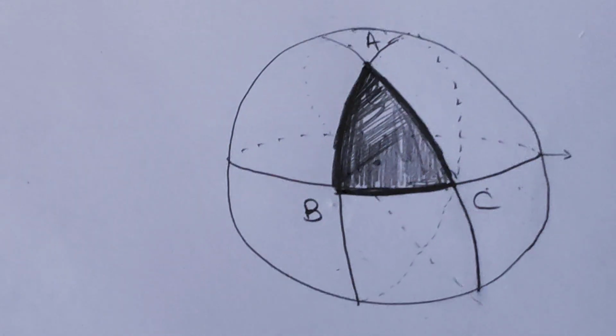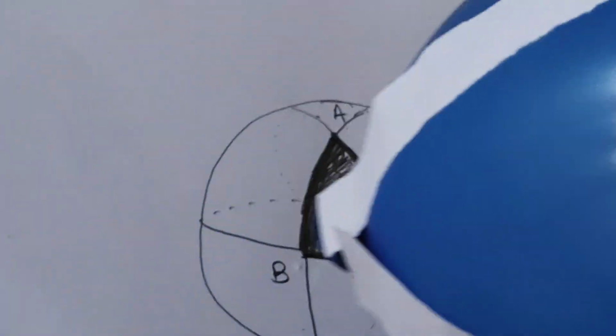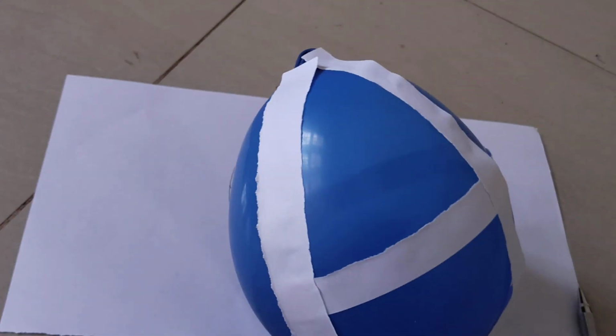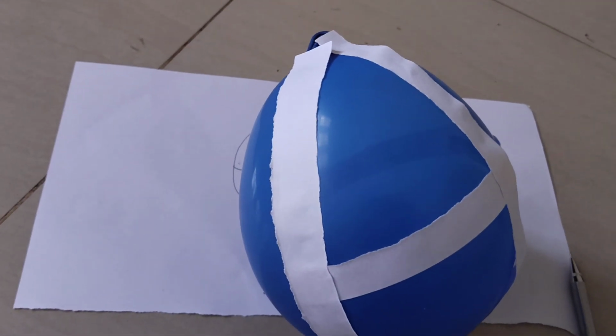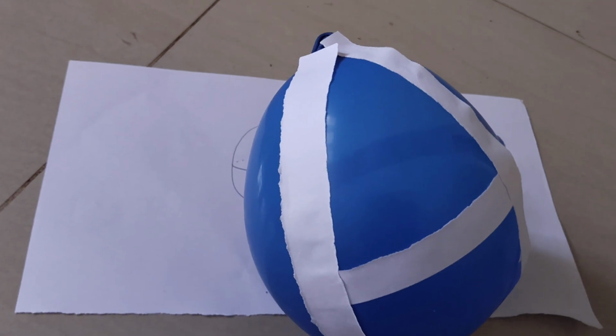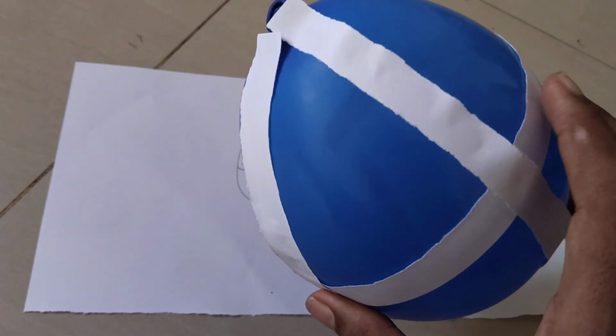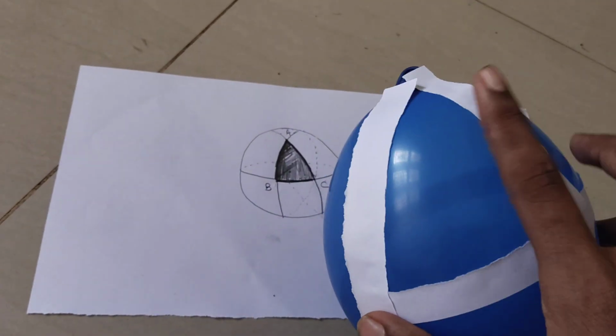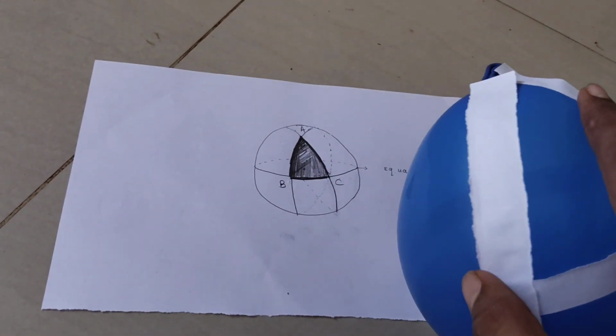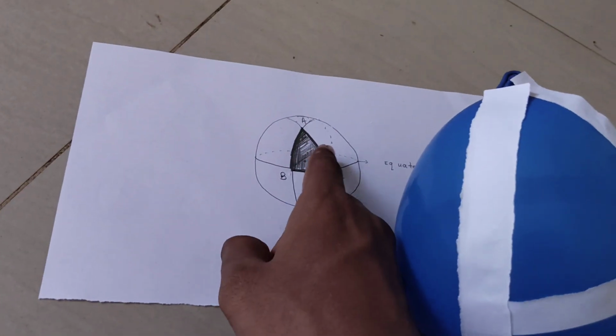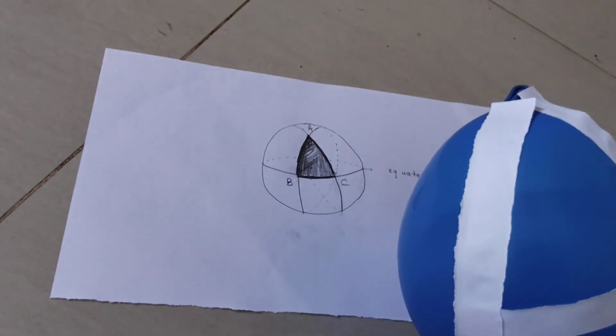Now, as you can see in this balloon, I have made three great circles which pass through the center. This one represents the equator, and the others are this one and this one in the figure.